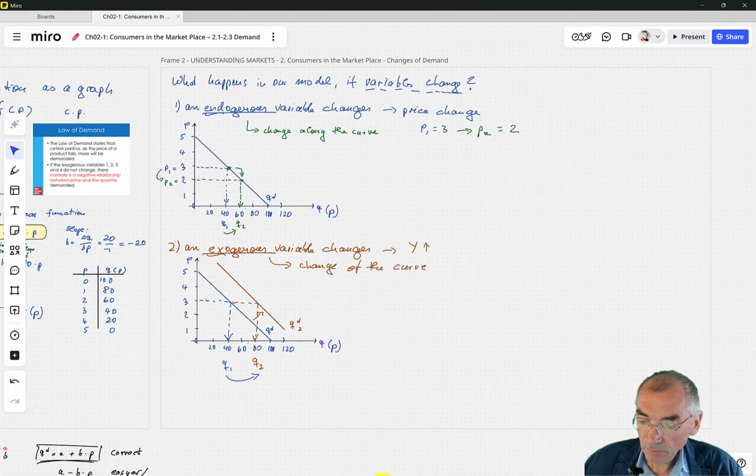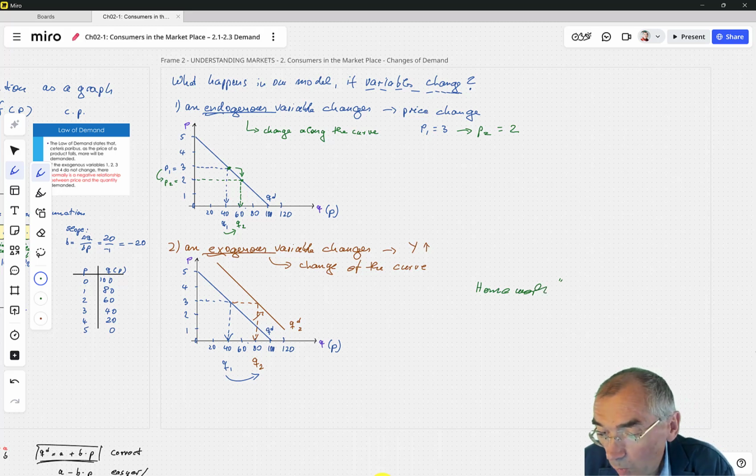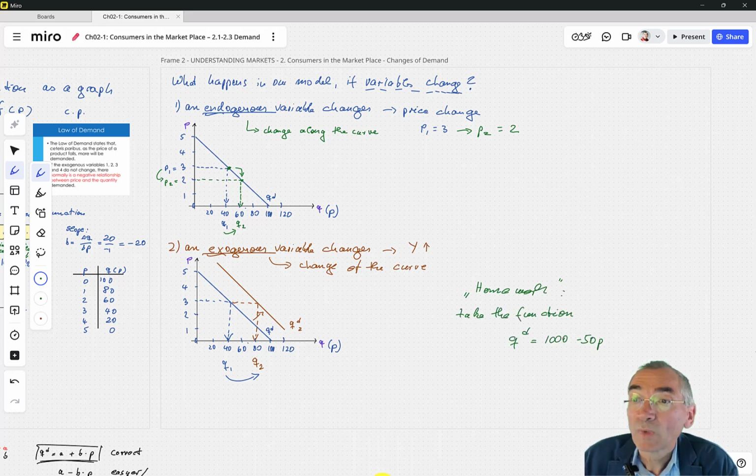But I'd like to invite you as well to prepare our class by looking at another function. Let's call this homework or whatever. Take the function quantity demanded is 1000 minus 50p.